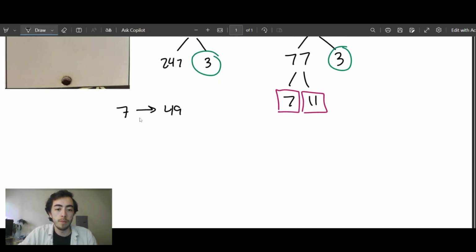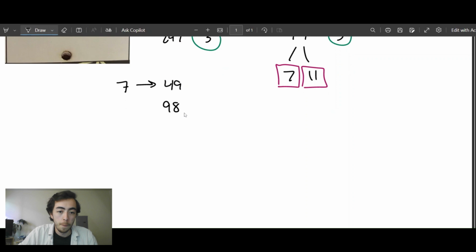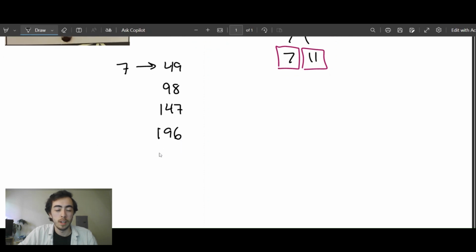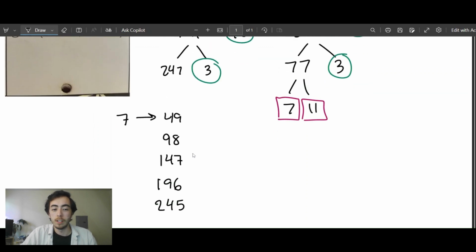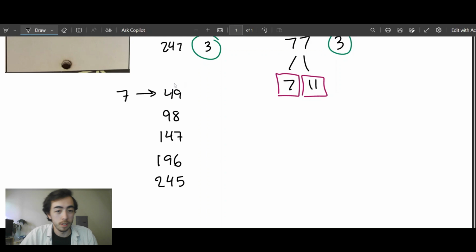And if I count by my 49s, I should get close to 247, but I think I'll miss it. 49, 98, 147. I'm basically counting by my 50s here, but then subtracting 1 each time. And then the next one will be 245. Okay, so that tells me that 7 does not go into 247.